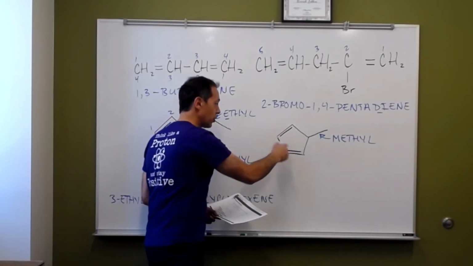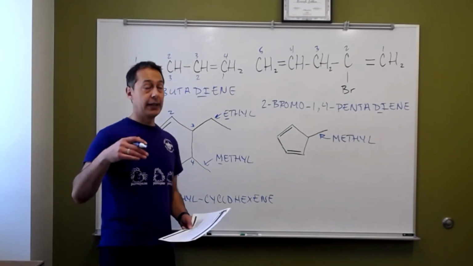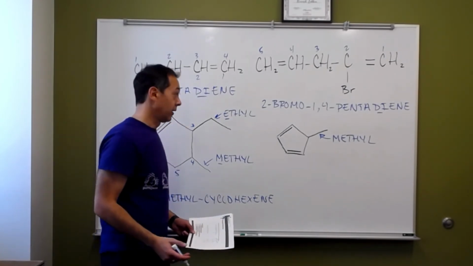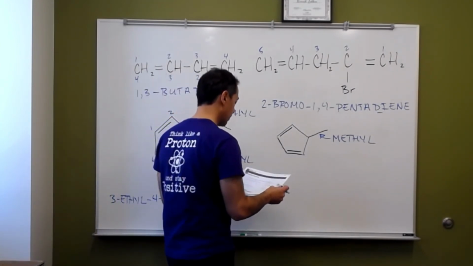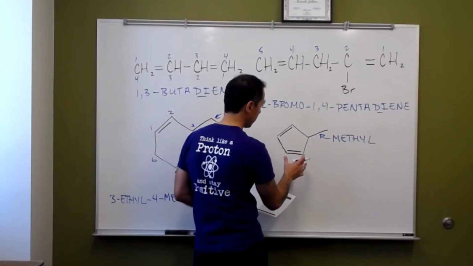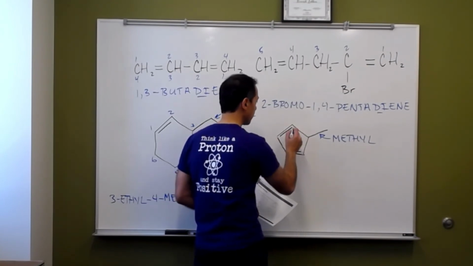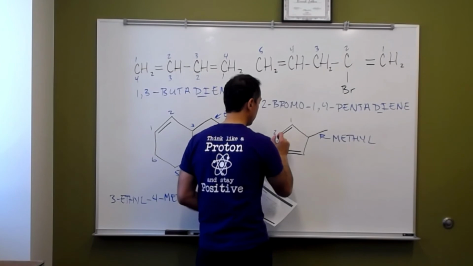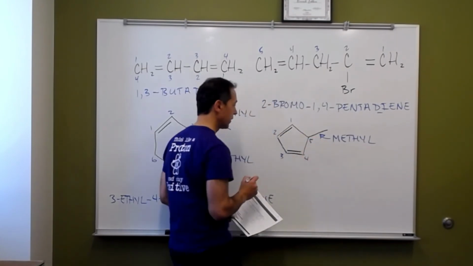and there's 2 of those double bonds. So it becomes a cyclopentadiene. And then let's number this here. So we want to number this so that way we have the lowest possible numbers, but we include these double bonds. So I go 1, 2, 3, 4, 5 like this.